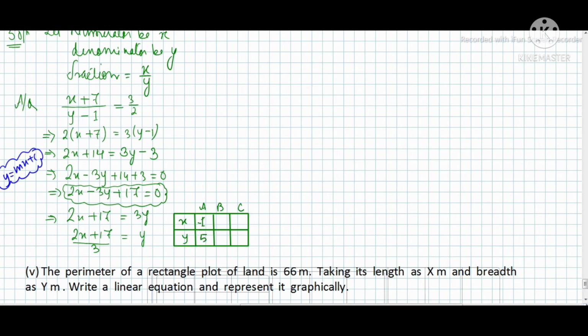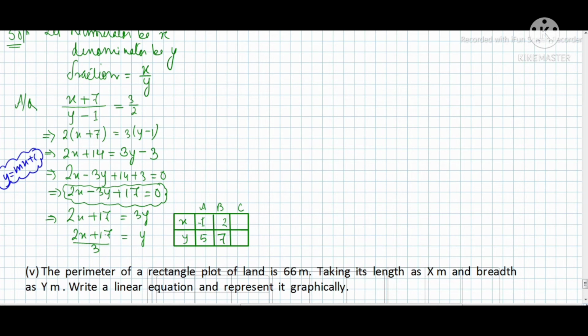Now if I take x as 2, I will consider it as positive, not negative. Then 2 twos are 4. Now 17 plus 4 is 21, and 21 divided by 3 is 7.